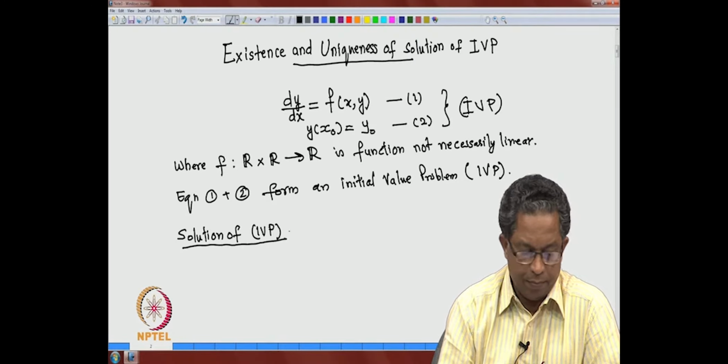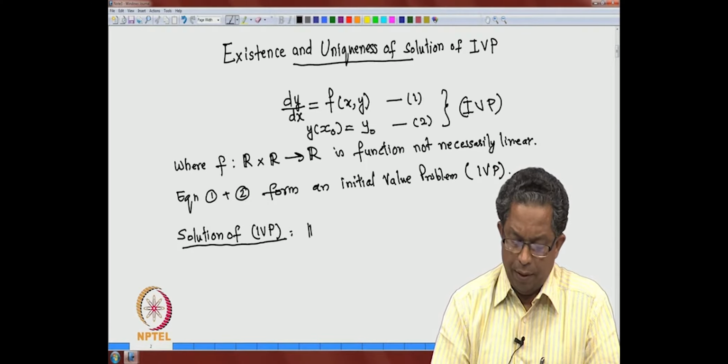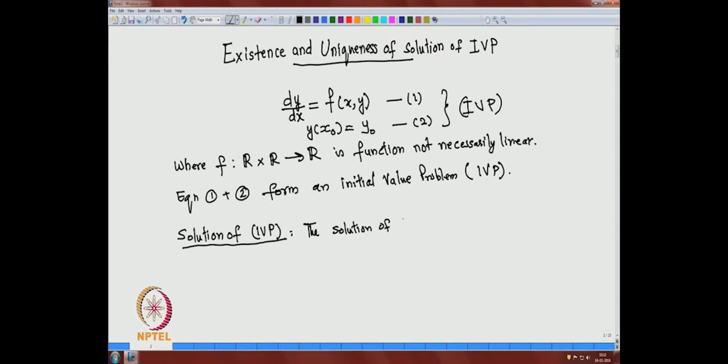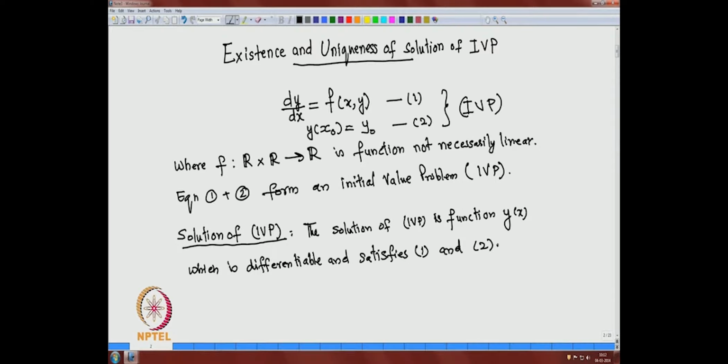The solution of the IVP is a function, say y(x), which is differentiable and satisfies equation 1 and the initial condition 2.